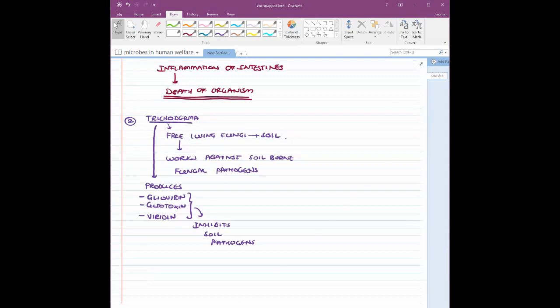Okay, so guys, this is what is going to happen with regards to your biocontrol. But now the next thing that we are going to come up with is microbes in your biopesticides. Let's see how it is going to be in your biopesticides and who is going to act on whom.